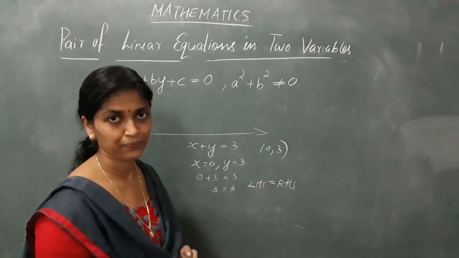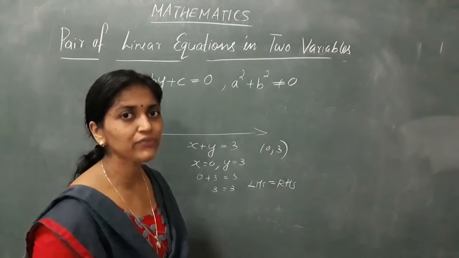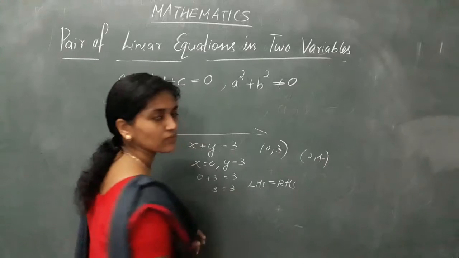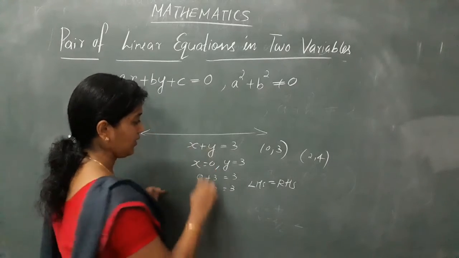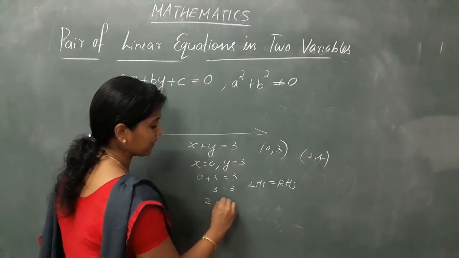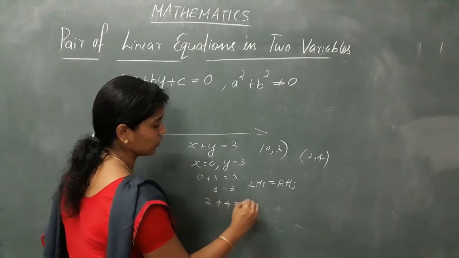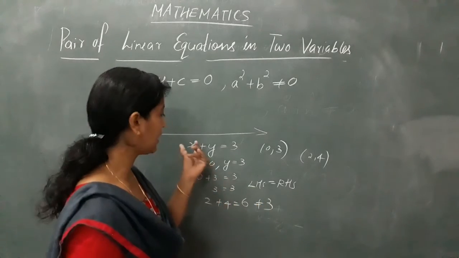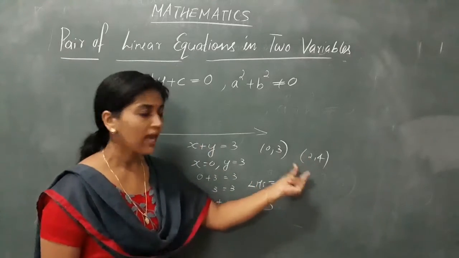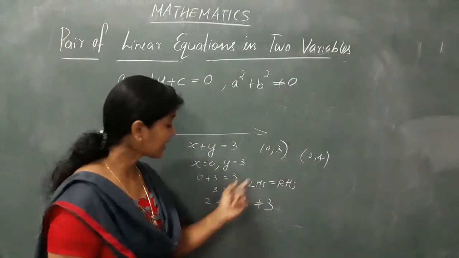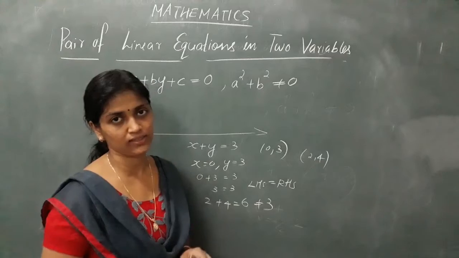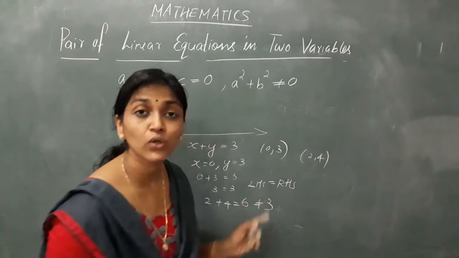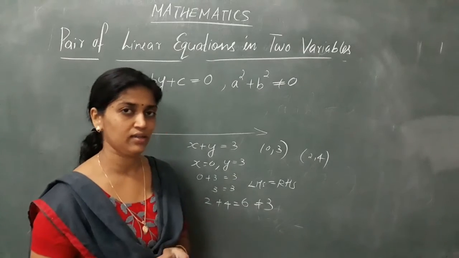Now if I take another point, (2, 4), and substitute, I get 2 plus 4 equal to 6, not equal to 3. So when x is 2 and y is 4, LHS does not equal RHS, which means (2, 4) is not a solution of this linear equation.